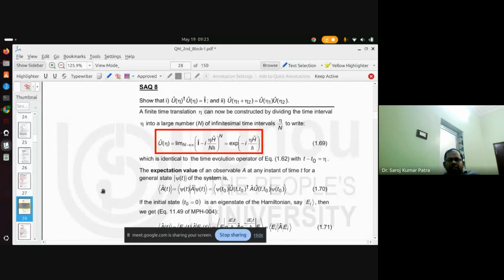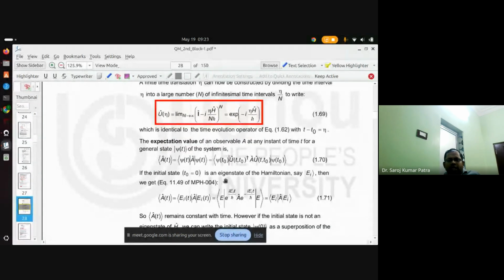If the initial state at t equal to 0 is an eigenstate of the Hamiltonian, say E_i, then what we will get is, if it is an eigenstate it will give you energy, right? So instead of writing psi t0, we will write the initial state E_i.